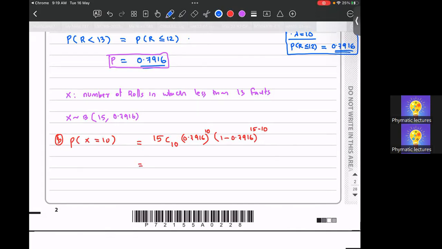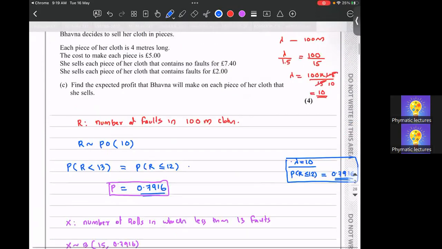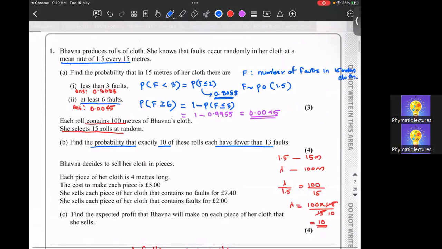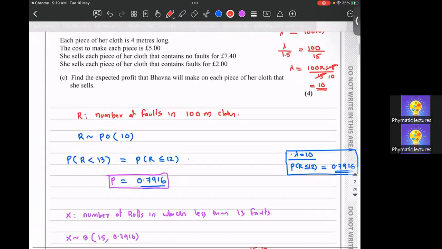If you substitute all these values, you will get 0.11405. So that is the answer. I'll write the answer here, 0.11405. Clear? So that is all about this part.